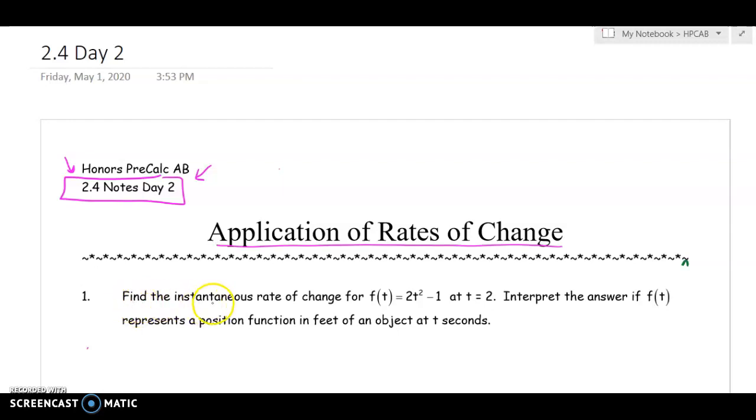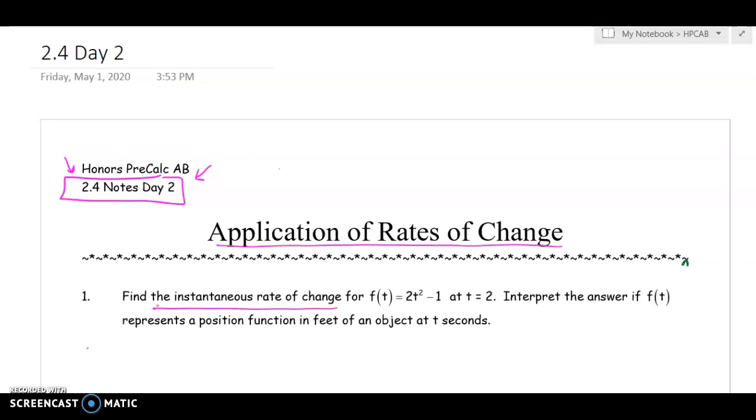We've got: find the instantaneous rate of change for f of t equals 2t squared minus 1 at t equals 2. Interpret the answer if f of t represents a position function in feet of an object at t seconds. Instantaneous rate of change is where you are finding the rate of change at a very specific time.